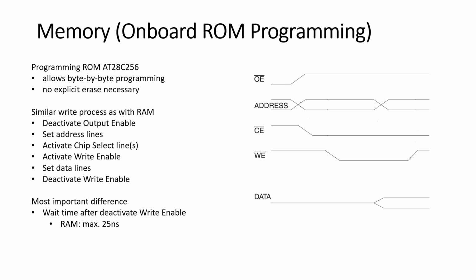While the RAM needs about 25 nanoseconds for the data to be written into the storage, which is fast enough to be done in a single half clock cycle of my build, the ROM chip needs about 150 microseconds to store the data, which is a lot more cycles, about 150 cycles in my build.